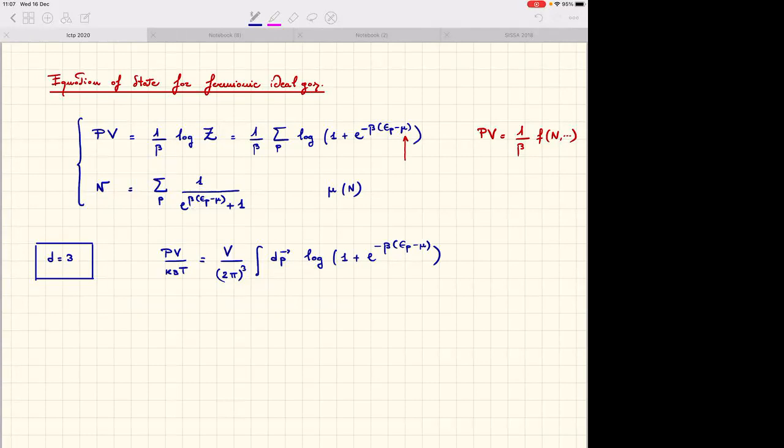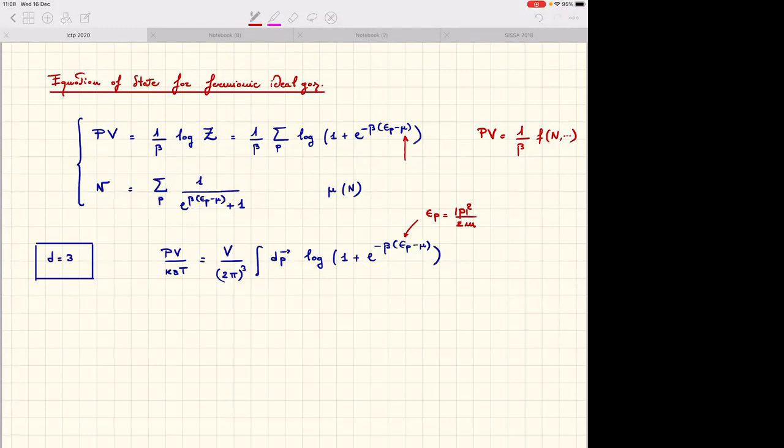Let me just, for simplicity, think of these free fermions in free space, in which case epsilon_p is just p squared over 2m. So it depends on the absolute value of p. It's essentially spherically symmetric.